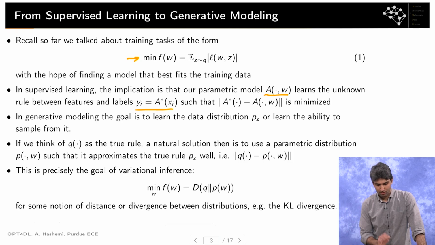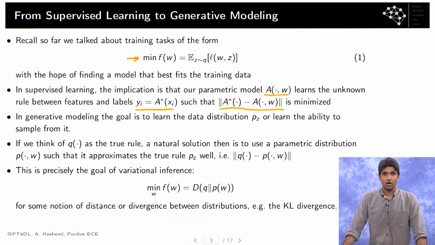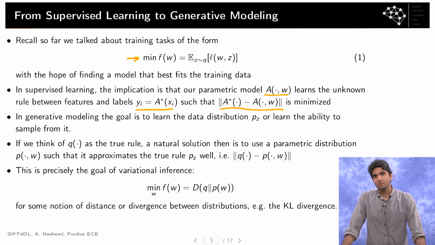So as part of solving this training task in equation 1, our hope is to minimize the distance between our parametric model and the true yet unknown feature label rule.